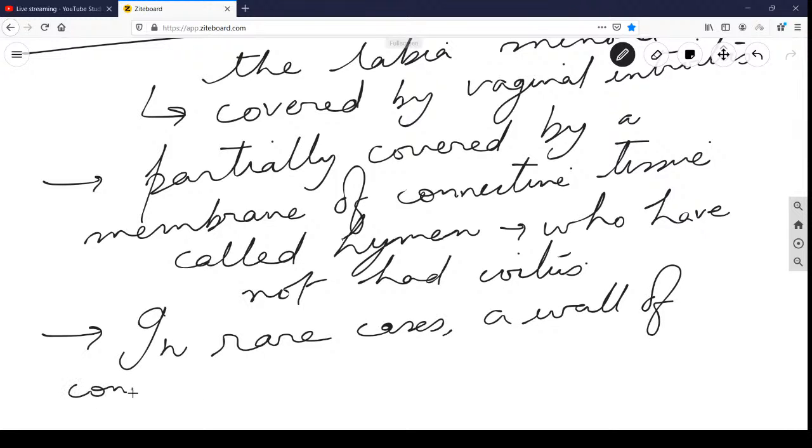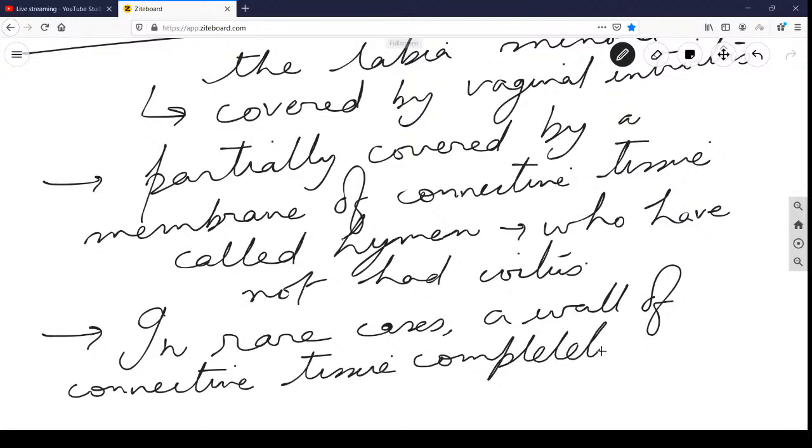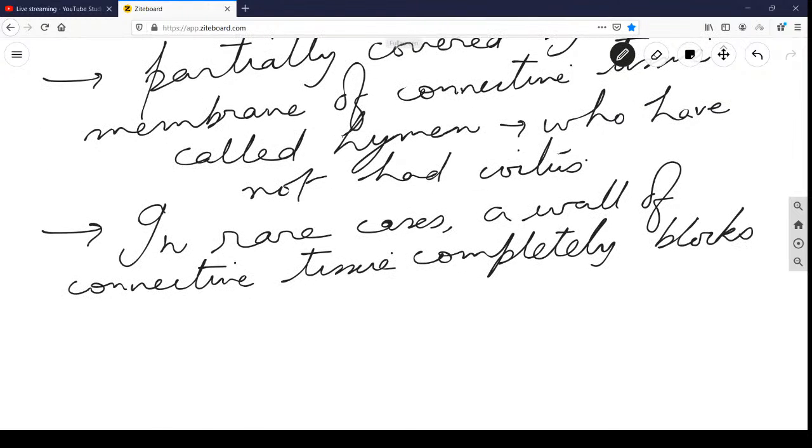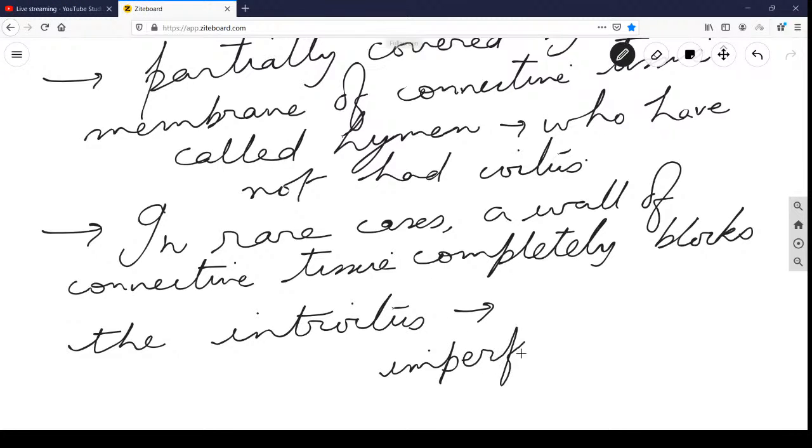That condition is known as imperforate hymen.